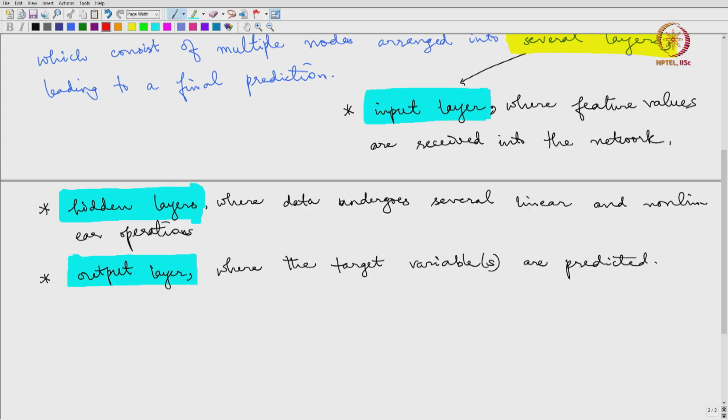Okay. So, the nodes transmit data over the network, combining via weights and biases.